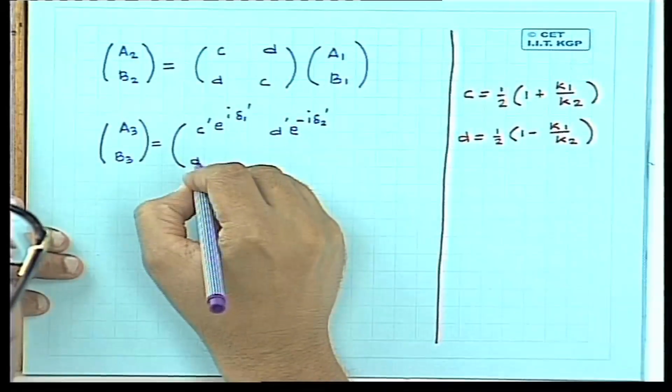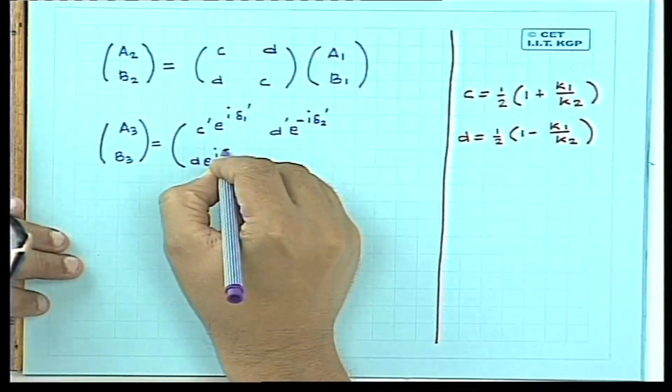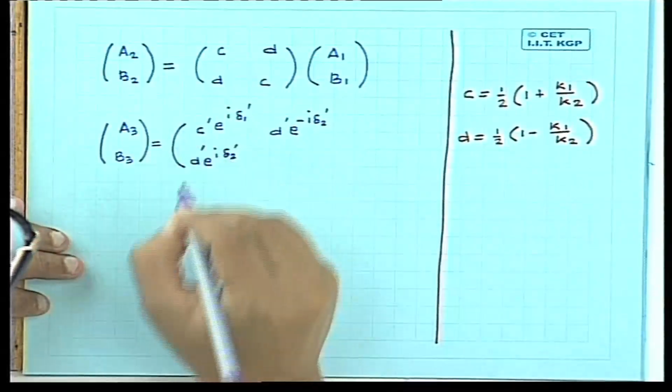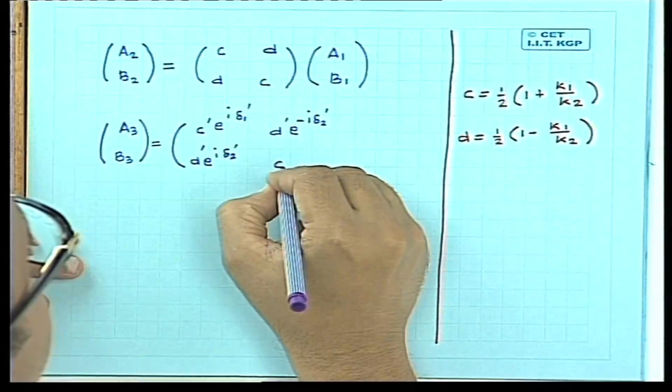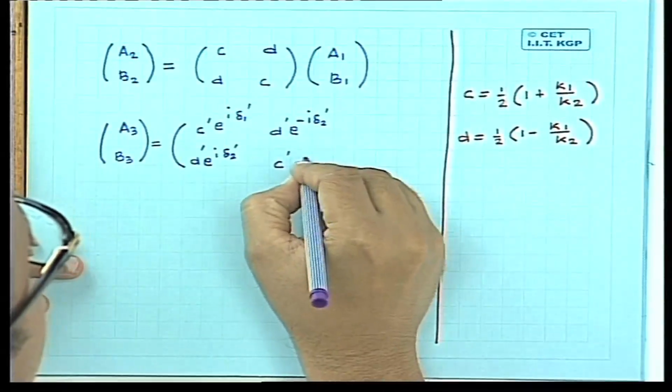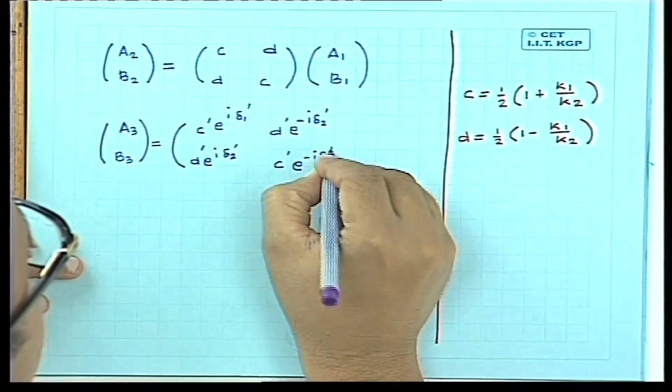Here you have D prime e to the power i delta 2 prime, and C prime e to the power minus i delta 1 prime.